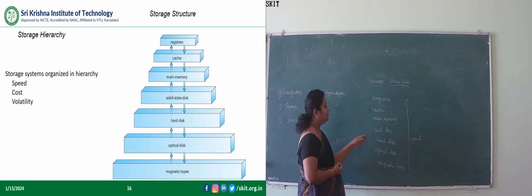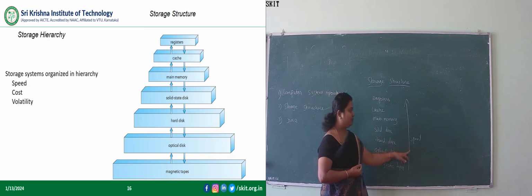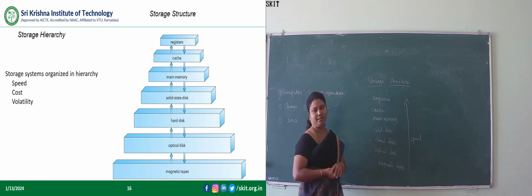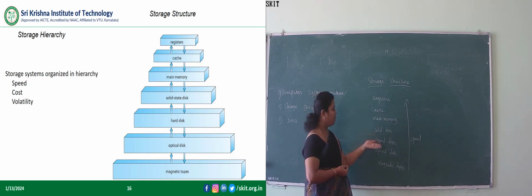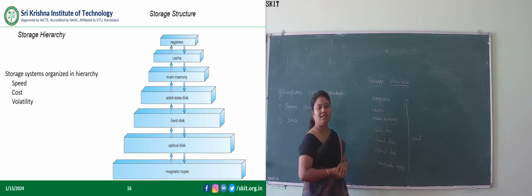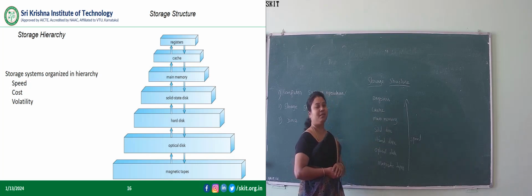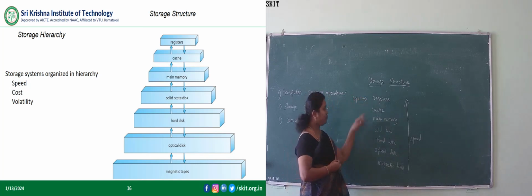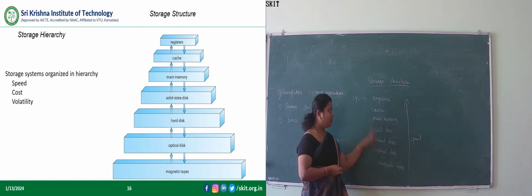The register speed will be high compared to the magnetic tapes, optical disk and hard disks, because the CPU is in direct contact with the registers only. So the speed increases from bottom to top.